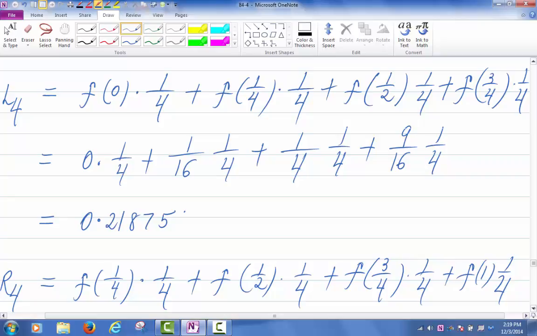What is f of 3/4? What's the square of 3/4? 9/16. So remember, the function is x squared. That's how we're evaluating f. We just plug them in. Use your favorite calculator. You'll see that the value is 0.21875. Is everybody clear? Everybody is okay with that? You see how to compute L4.